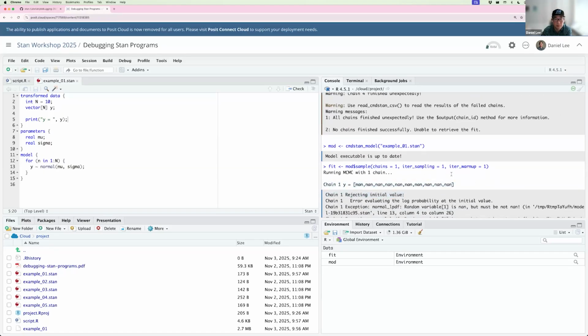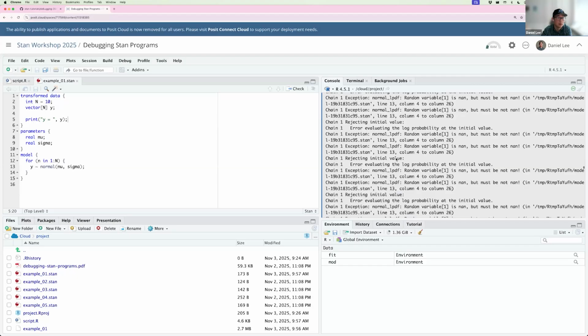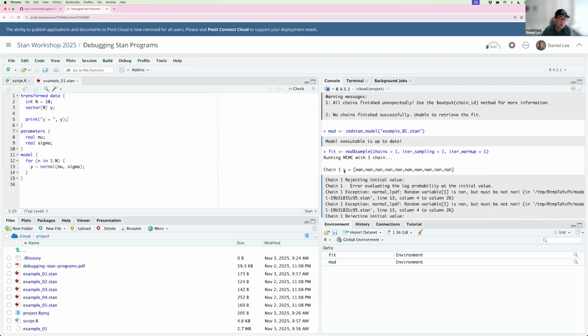So that's where it's being printed. Any guesses as to why this is being printed here, and then we see a bunch of other things? Well, first, Y is being printed as NaN, NaN, NaN. So we haven't set Y to anything, so it's just being initialized with NaN, not a number.